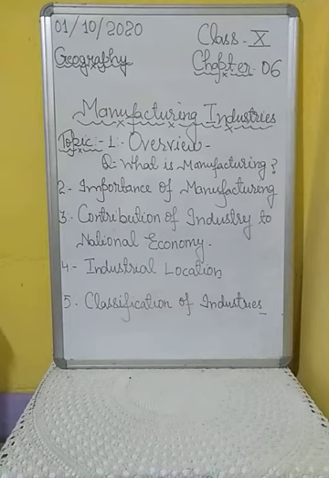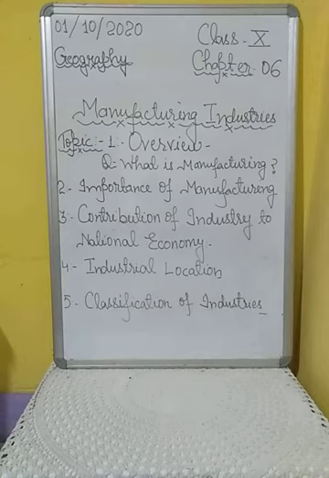So students, basic industries are those industries which provide raw material to other industries. And these industries help the development of other industries. For example, iron and steel industry, copper and aluminium smelting industry, etc.